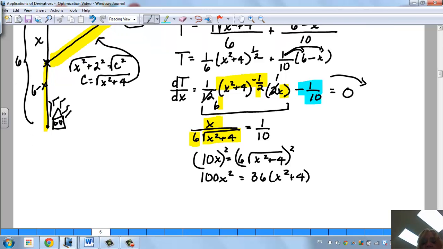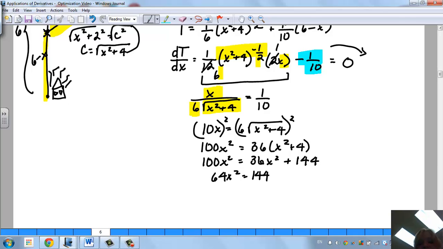And then I'm still solving for x, so I'm going to do the distributive property here. So I have 100x squared equals 36x squared plus, and then 36 times 4 is 144. Then I'm going to put the x squared on one side, so I'm going to subtract 36x squared. So I have 64x squared equals 144.